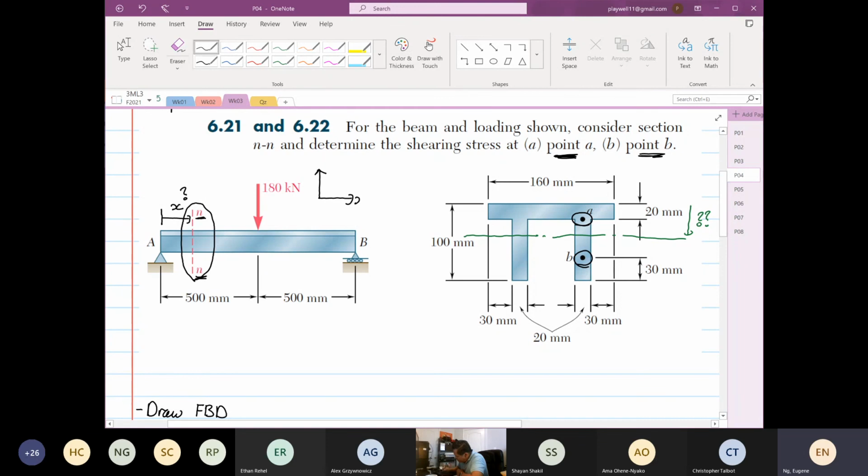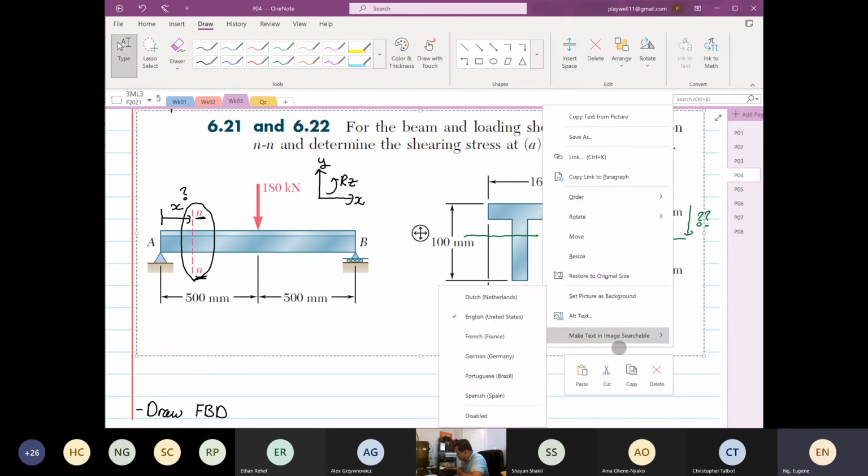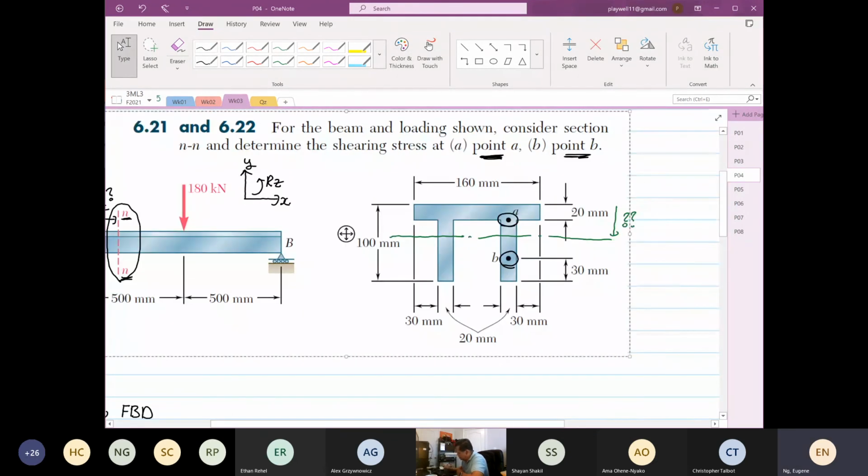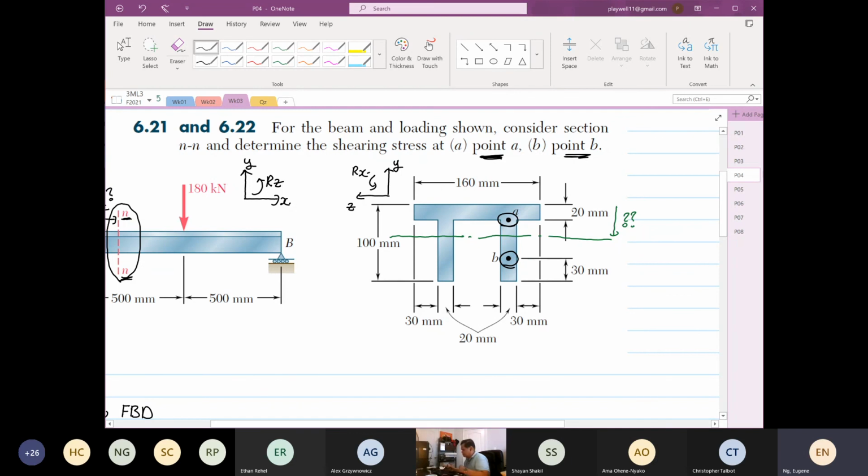This is our x, this is our y, and this is rotation about z. The view on the right-hand side is our cross-sectional view, so this is our y, this is our z, and this is rotation in the x direction.